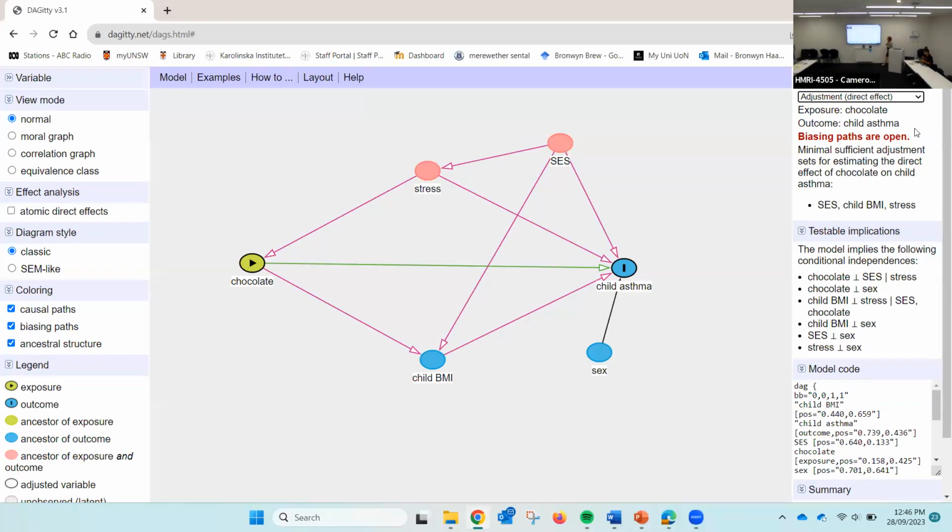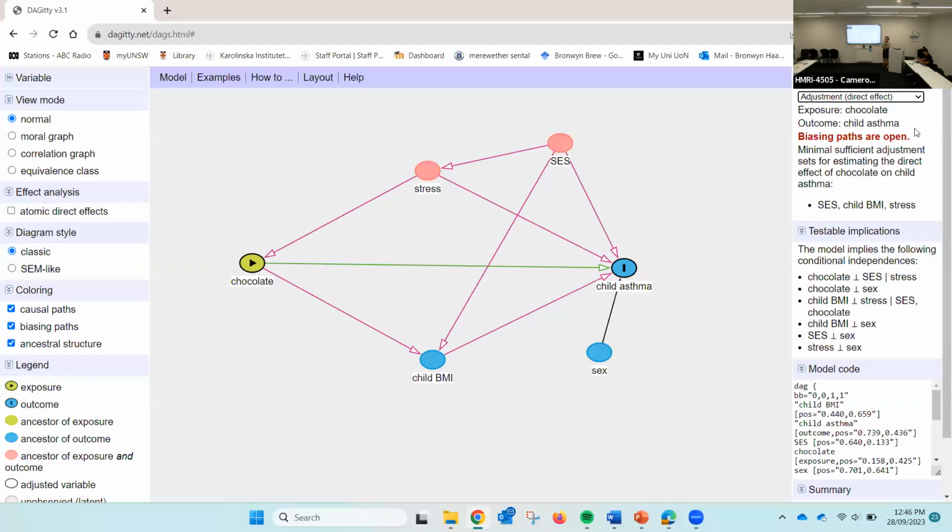It's telling me I have to adjust for this, and this, and because of this arrow here, I also have to adjust for this. If I took that arrow out, as I've done in my example, SES disappears, but this is part of what we do.